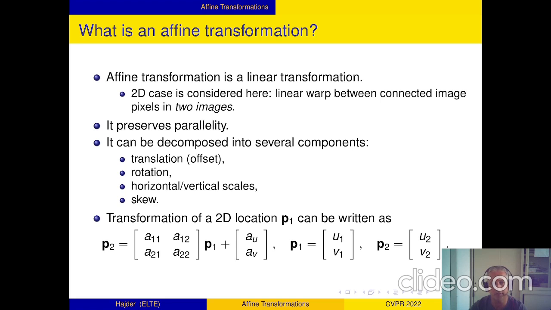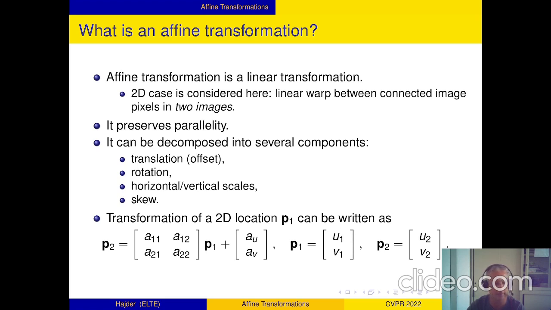So the two-dimensional stereo case is considered. There is a linear warp between the connected image pixels, image regions in two images, and the affine transformations can be categorized as translation, rotation, scales, and skew. And the main property of an affine transformation is that it preserves the parallelity.